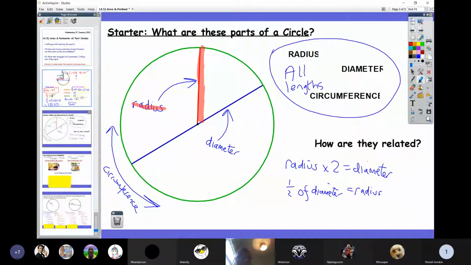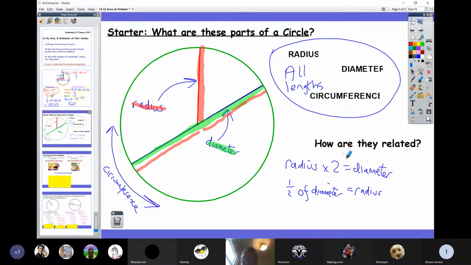Now the diameter is the length all the way across from one side of the circle to the other side through the center. And you'll see that that is 2 radii, 2 radiuses, because we've got 1 radius up to the middle and another radius to get to the other side.